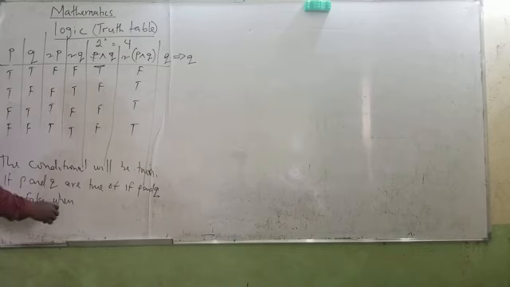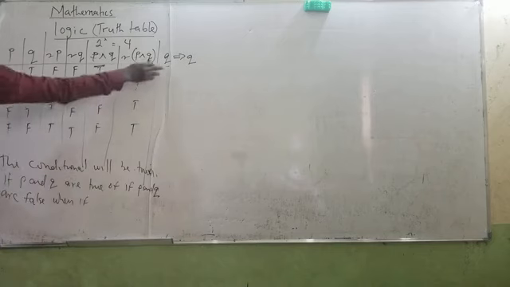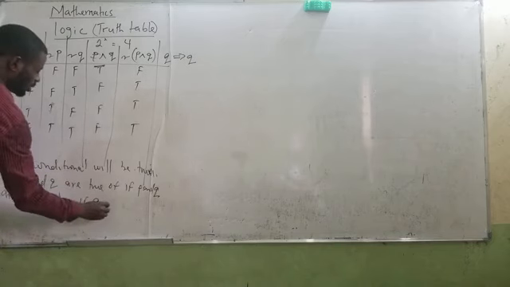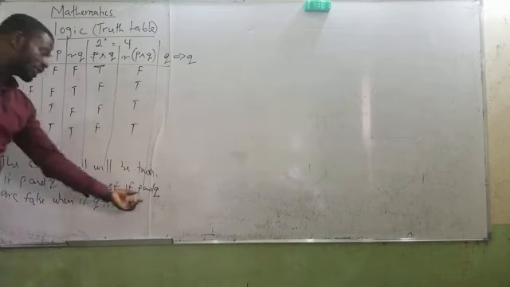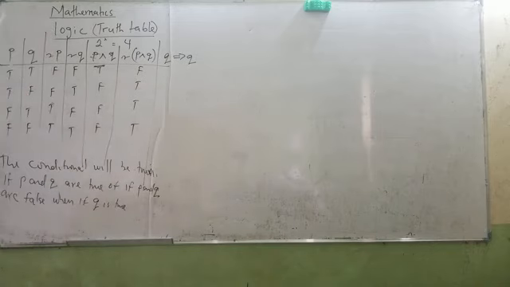Okay, when Q is true also. Now, what will make this thing to be true? The first thing is, if both of them are true, it will be true. If both of them are false, it will be true.